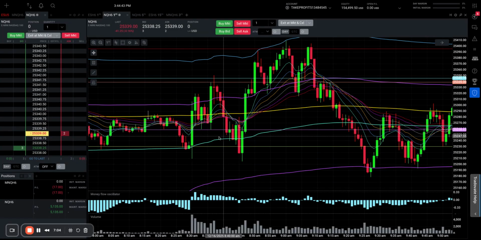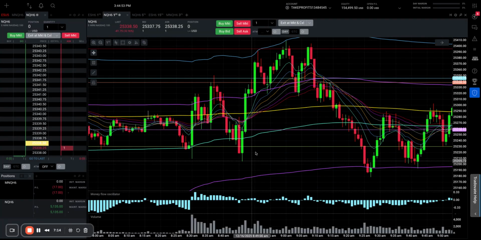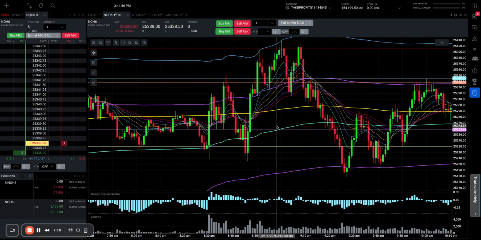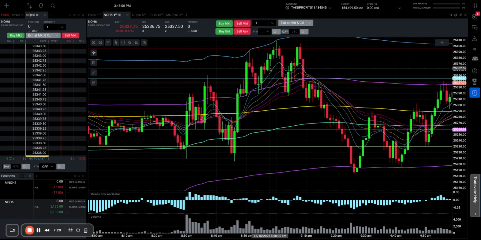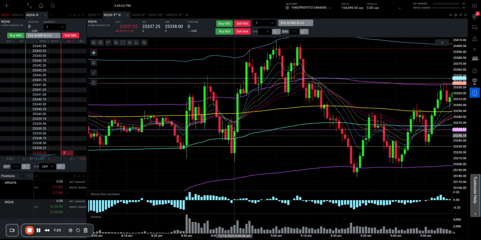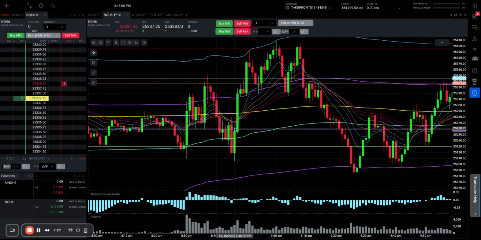You wait for price to come back down and test VWAP twice, okay, maybe 3 times, but usually by the second time is when you want to enter your trade. It may even come back down a third time and hold and bounce, but in this particular situation, if you would have got into this trade right around this area, this would have been 270.